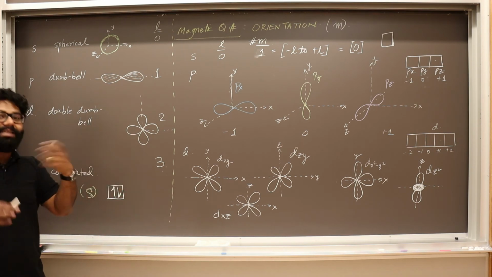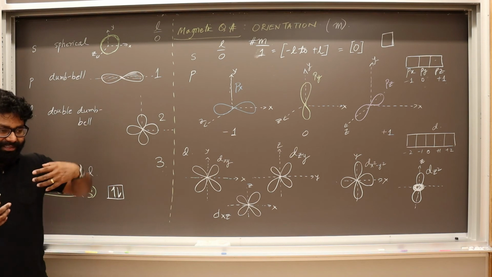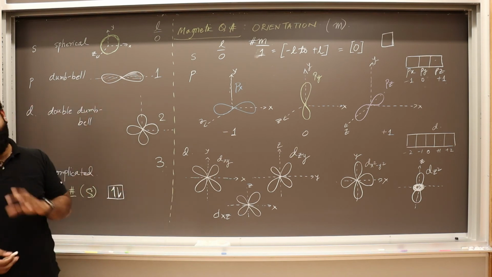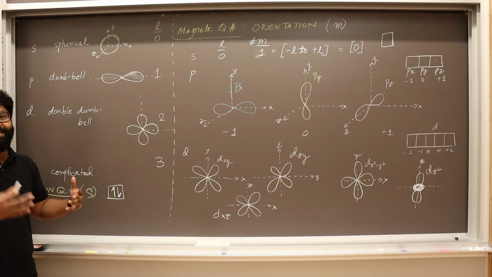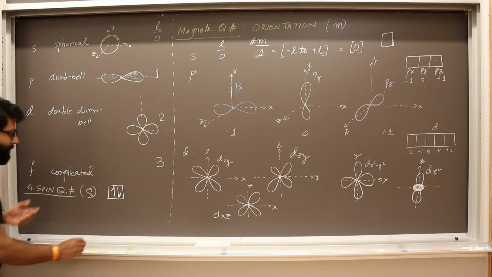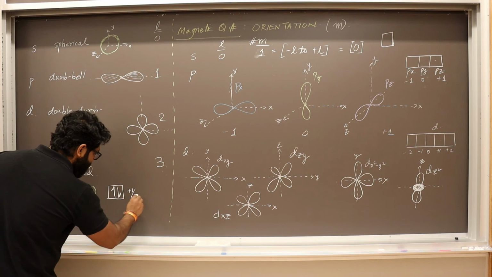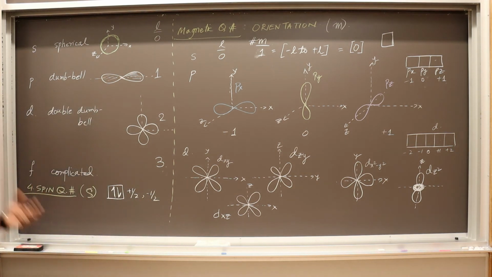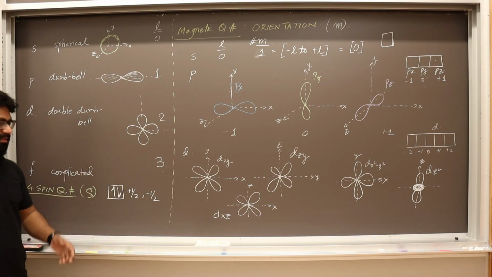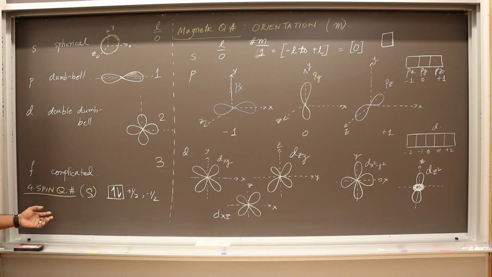So there are 2 ways of spinning the electron. It can spin clockwise, it can spin anti-clockwise, and that is represented by 2 different numbers, +½ and -½. These are just the 2 different numbers with which we can represent it. That's how we are going to represent the spin quantum number.